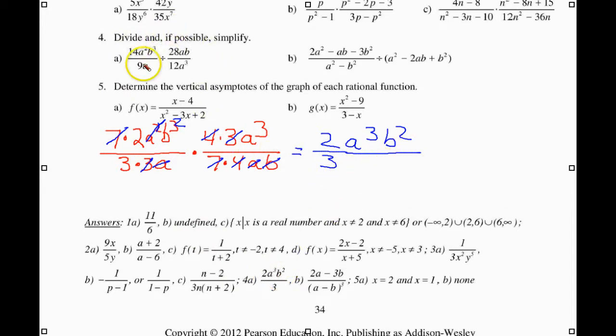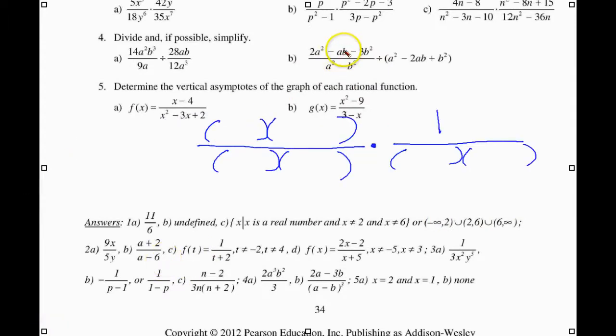And again, what I'm trying to do here is show you how it's done. Change division to multiplication, flip this, and then do your canceling. And it's the same for letter B. A strategy might be initially to set it up.